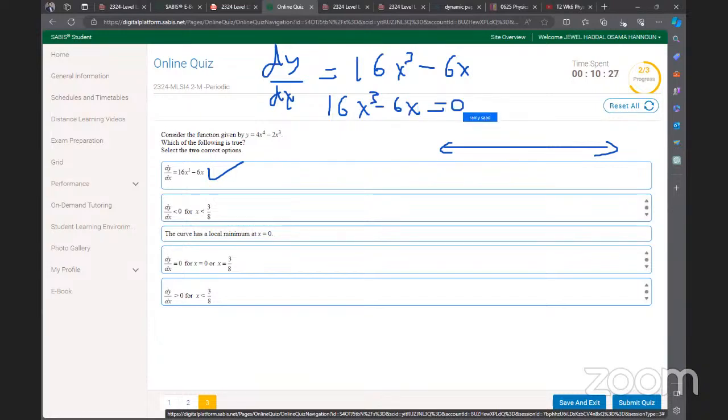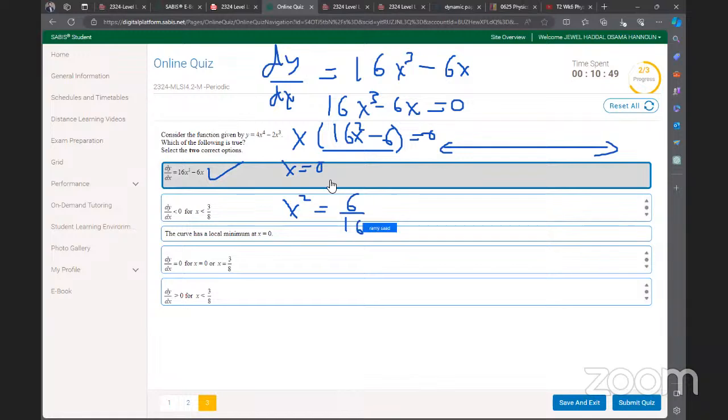Let's take x as a common factor. So the first one, x is equal to 0, and the next one, x squared equals 6 over 16. So x squared is 3 over 8.